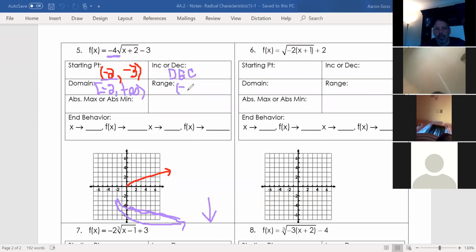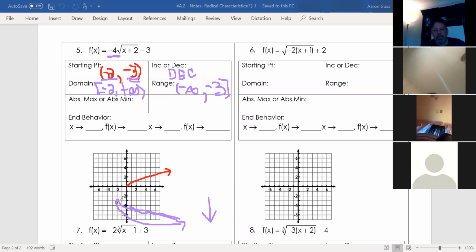It isn't a bottom, it keeps going. It goes down forever and ever. So I start from negative infinity, and it goes all the way up to this value here, -3. See how I use that starting point? It's in the domain and it's in the range.